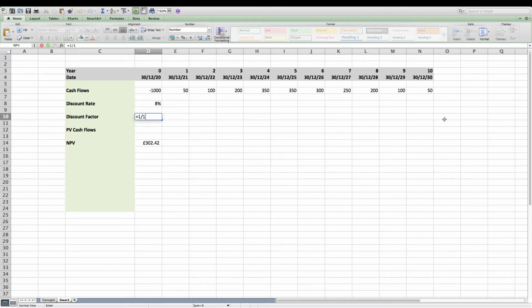We calculate that by applying this discount rate to each of the future years, and we discount it based on the number of years which is provided here.